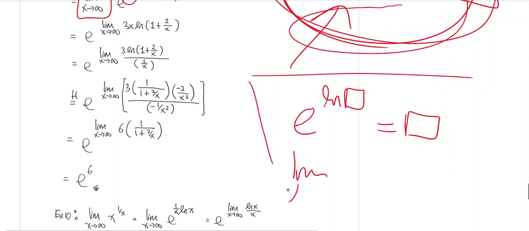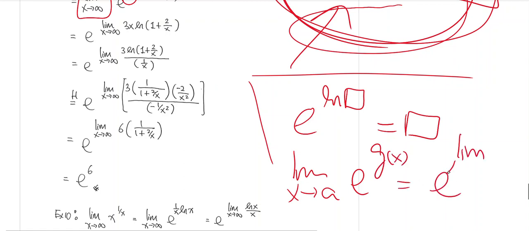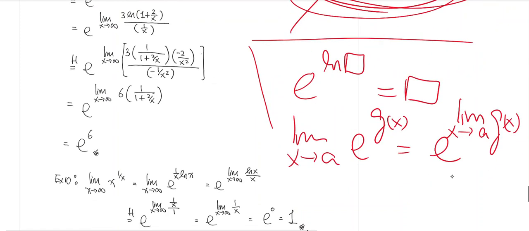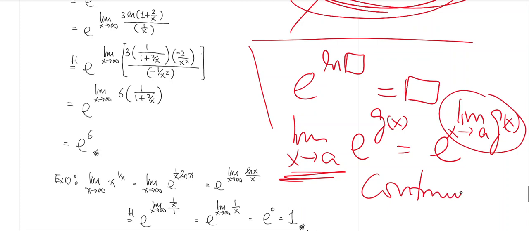And then the limit as x goes to a of e to the f(x), I used g(x) before, let's stick to that, is the same as bringing the limit to the power. So bring it from the base to the power. We can do that because of the continuity of e^x, the exponential function.